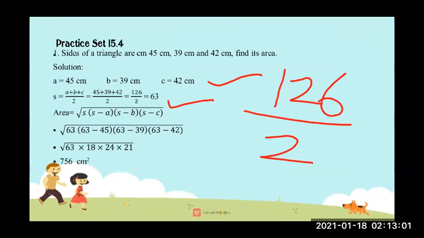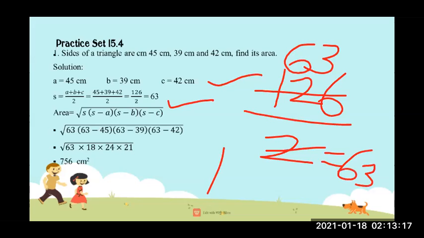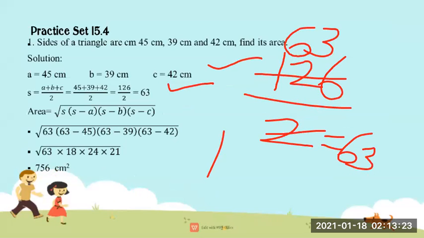Now we have to cut: 2 sixes are 12 and 2 threes are 6. That means the semi-perimeter that we got is 63.